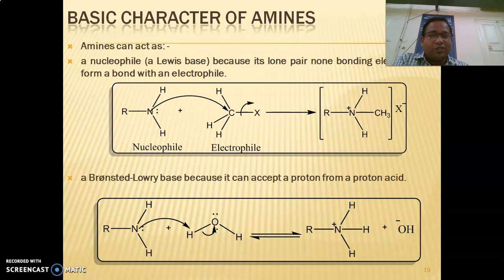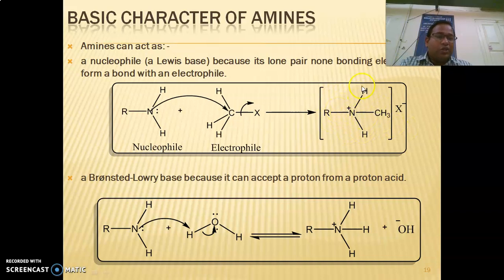According to the Lewis concept, the compound or atom which donates the pair of electrons to the electron deficiency center is said to be basic in nature. By giving the pair of electrons, it forms the bond with another substrate, the formation of the quaternary amine.